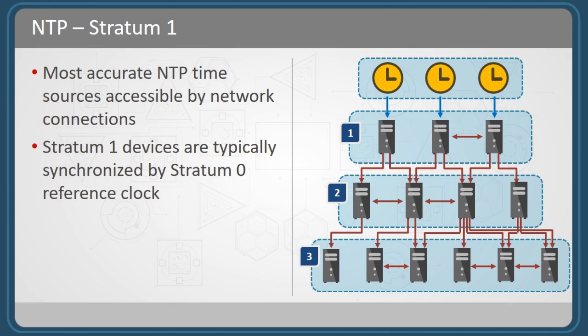So in stratum 1, we do see now the most accurate NTP time sources that are accessible by standard network connections. So stratum 1 devices are typically synchronized by the stratum 0 reference clock, but once they have been given the time, they will handle the distribution of that information to the servers in the lower levels.